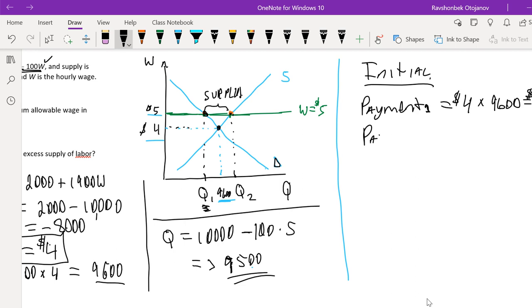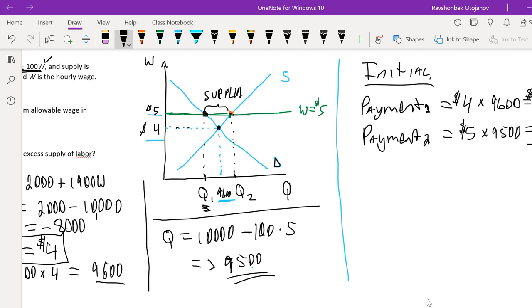Now payment 2, after this rise in the level of wages, employed people were 9,500. This is now $47,500, yeah? So payments to labor have increased.